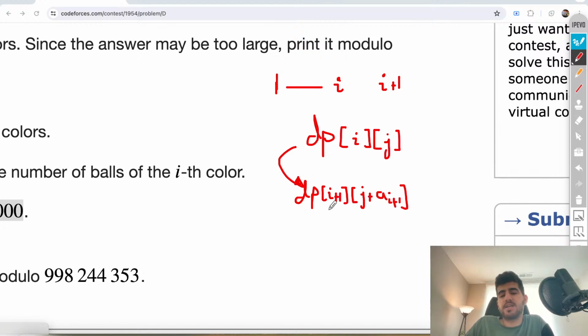Because this is a knapsack problem, this is completely a knapsack problem. dp of i plus 1 and j plus a of i plus 1 will be added by dp of i and j.